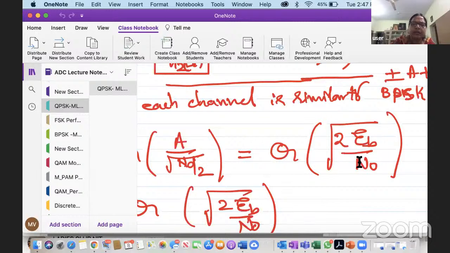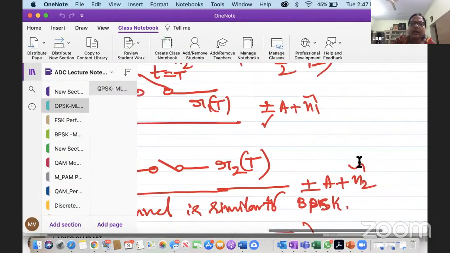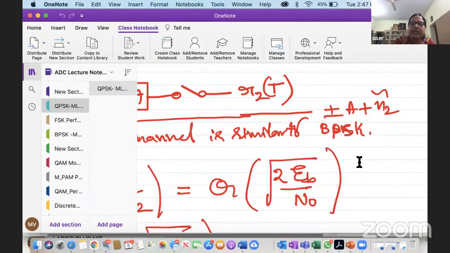For BPSK, mod of S by sigma means the energy of your pulse, so that is root EB by N naught. The probability of error is determined by the argument of the Q function, which has a waterfall nature. When Q of X has a larger X, the probability of error is less; if X is less, the probability of error is more.